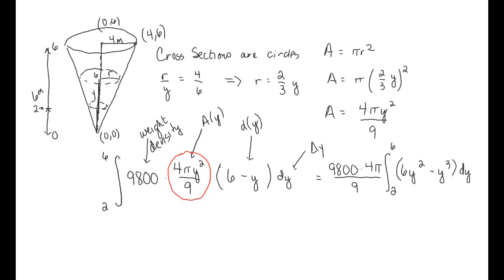So somebody go ahead and evaluate that integral for me, making sure that you then multiply by 9,800 times 4 pi over 9. And remember also that your limits are 2 to 6. I don't want to spend class time grunging through that integral. I know you guys can integrate polynomial functions and then multiply by constants. So let's go ahead and calculate that. Use whatever technology you have handy.